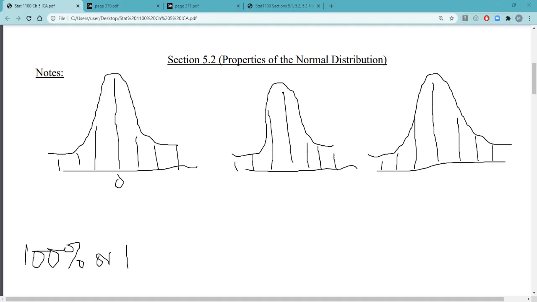And they're all standard, so I'm going to label them accordingly. And I'm going to just put some hypothetical z-scores out here.